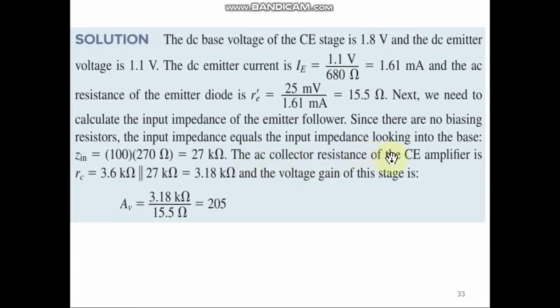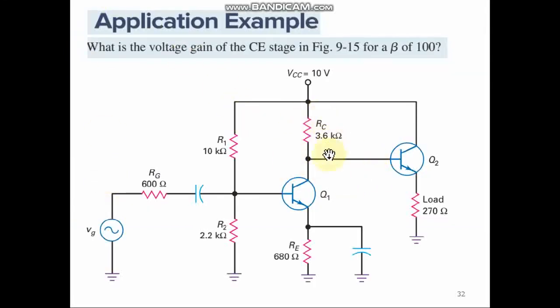The AC collector resistance of the CE amplifier is RC parallel RL. So here what is your RL? RL is the input impedance of the second stage.